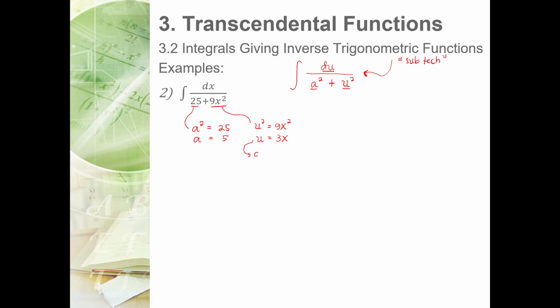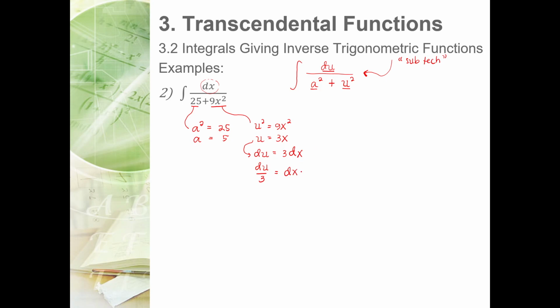So to determine du, we get the derivative of u. So notice that your derivative of u is coming from the line of u squared, right? So we have 3 dx. Okay, so notice that the given here is dx, so we need to isolate dx. So we have du all over 3 is equal to dx.